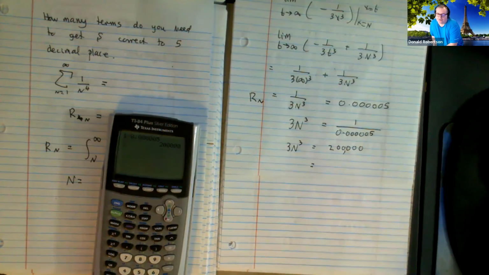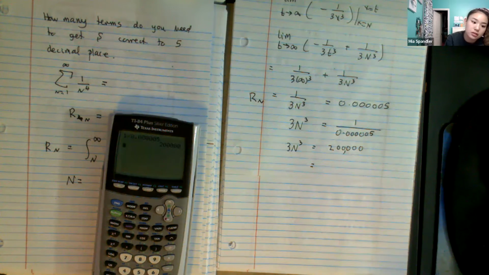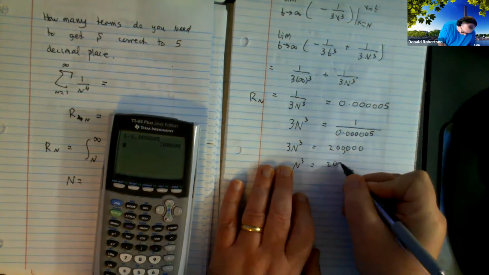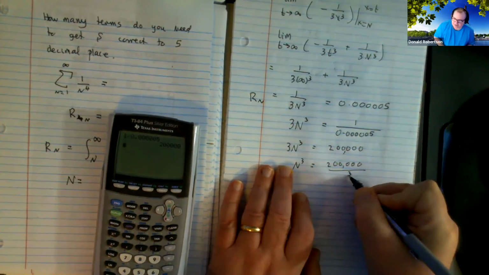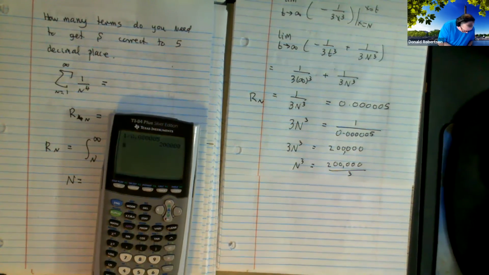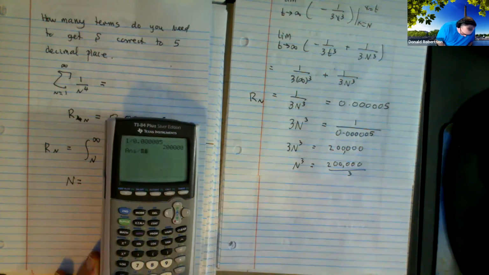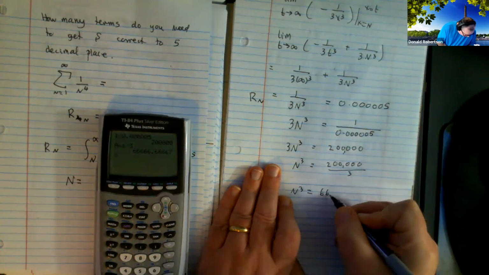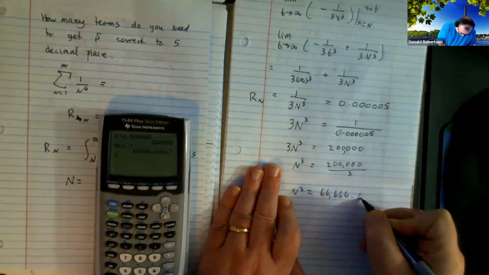Remember, the goal is to solve for n. Divide by 3. Nothing too spectacular. You agree it's just big numbers, but it's still the same math. And so I'm going to take that guy and divide it by 3. And if I do that, I get 66,666.6 repeating.